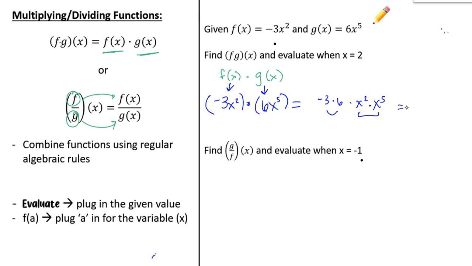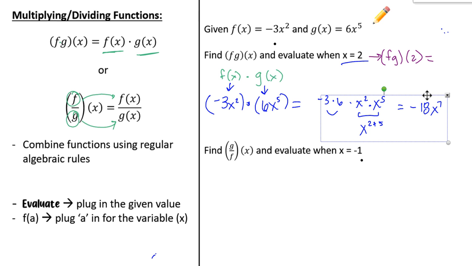So we've got negative 18x to the 7th power, because you have to add those powers together. Oh, and then it said to evaluate when x equals 2. Okay, so we need to find fg of 2, which will just be negative 18 times 2 to the 7th. A calculator would give you that number, but it's too big for me to write in there, so you get the idea.